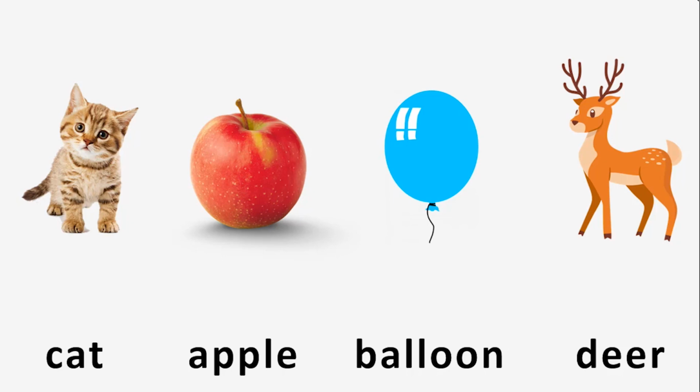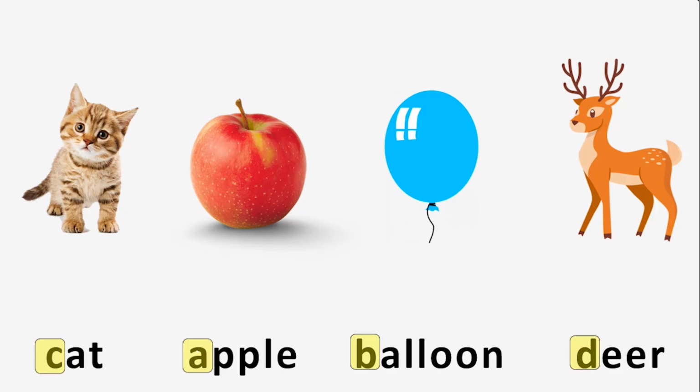When we read A to Z, when we read the alphabets, the first letter is A. Apple starts with the letter A. The second letter is B. So here balloon starts with letter B. Okay. Then cat starts with letter C. So after B we have C. And then deer starts with letter D.